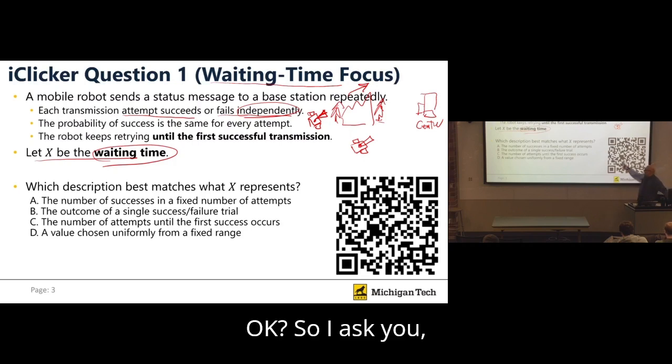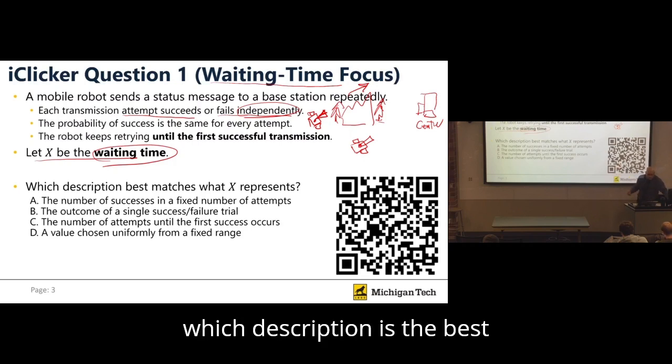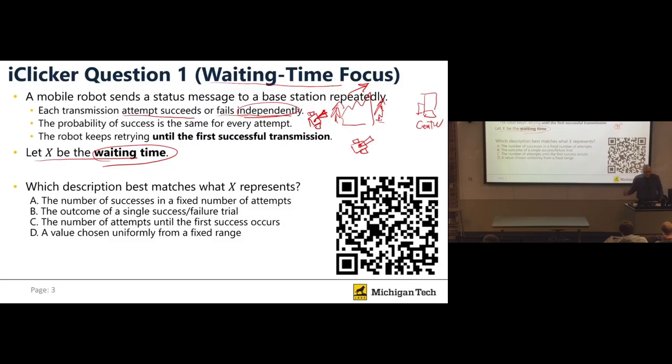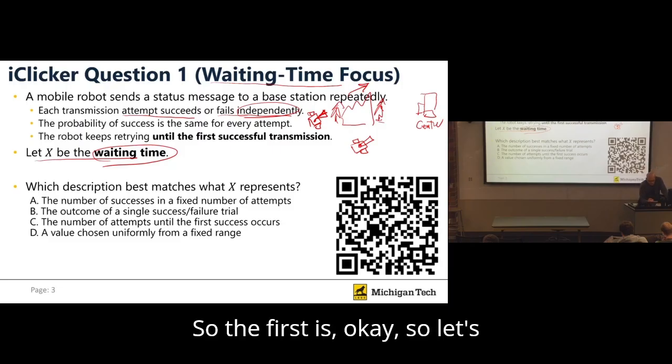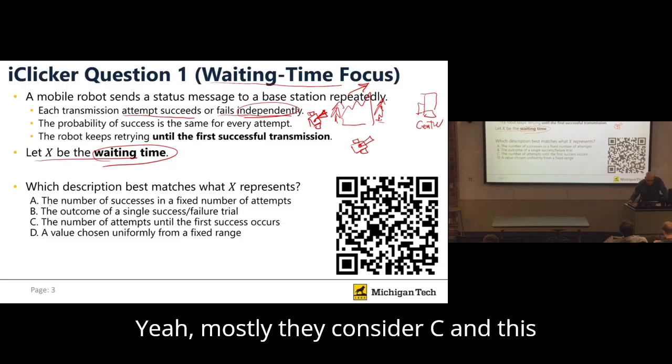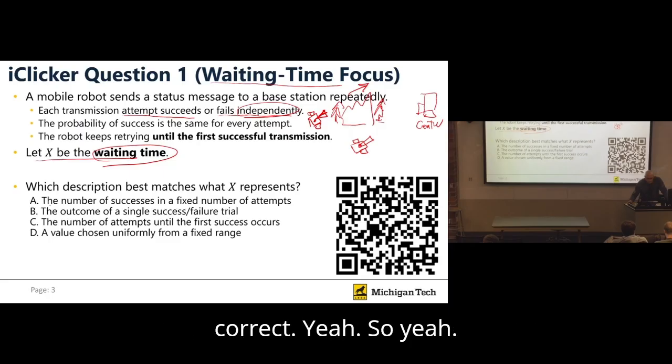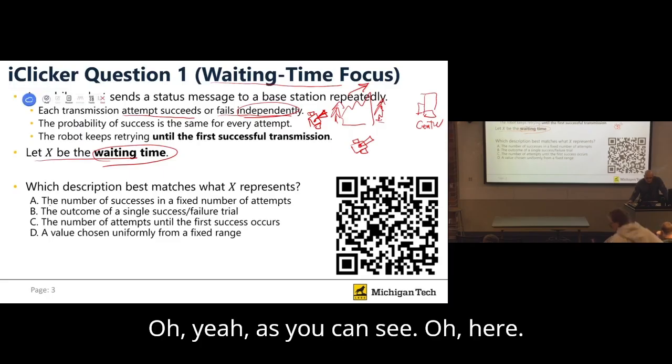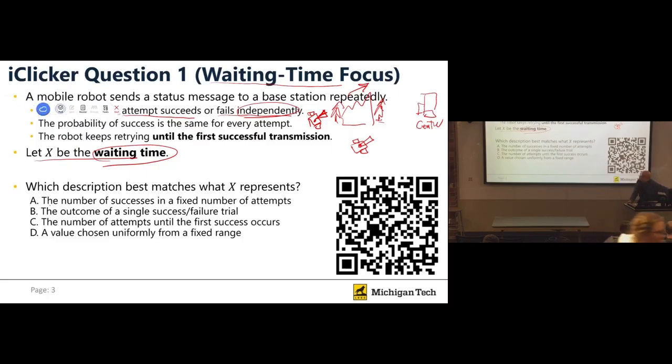So I ask you, which description is the best match for X? X is a waiting time. Let's see what your response is. Yeah, mostly they chose C, and this is correct.